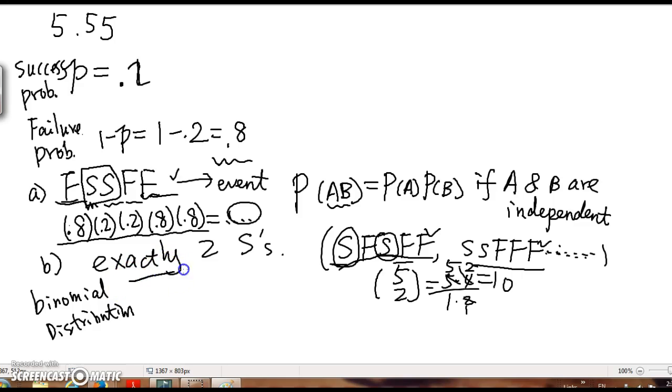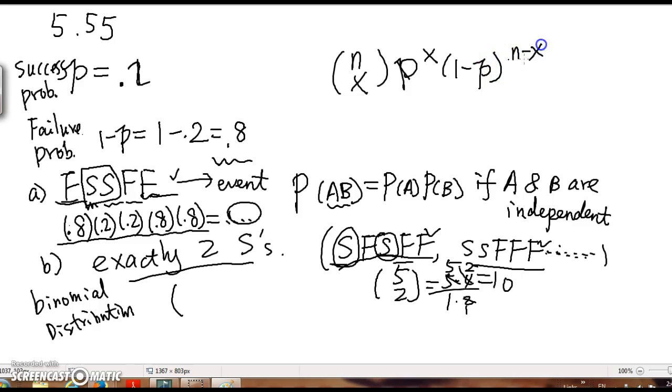We only care how many of them ended up successful. So we're going to use the binomial distribution formula, which is n choose x, p raised to x, and 1 minus p raised to n minus x. So p means success, 1 minus p is failure.